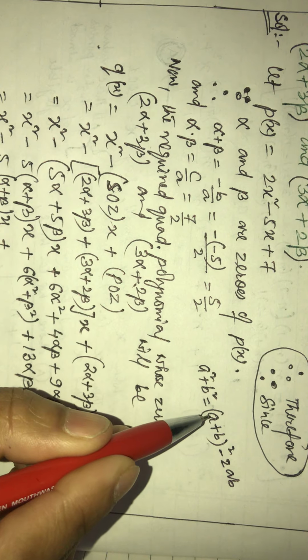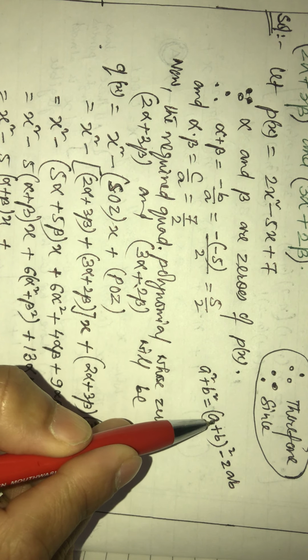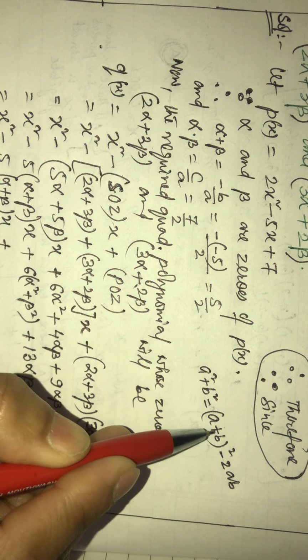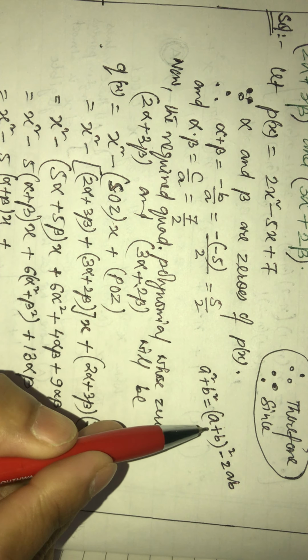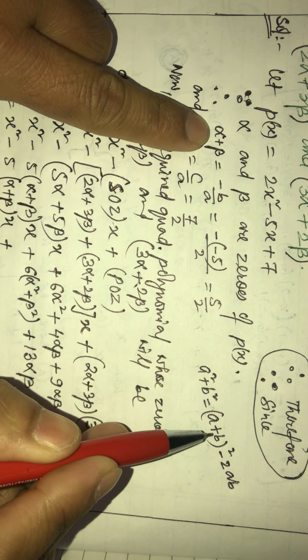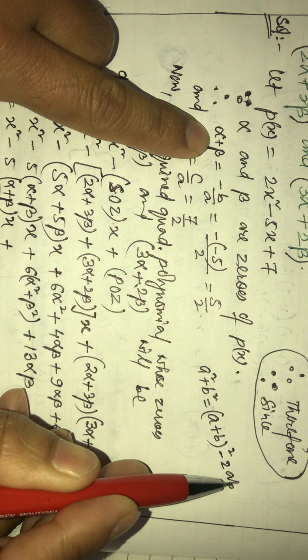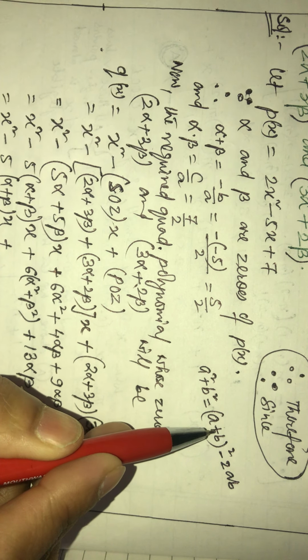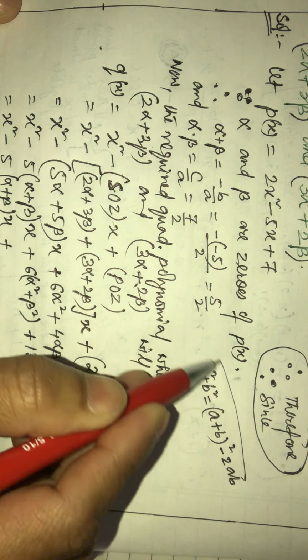In the notes we wrote one with a plus whole square, another with a minus whole square. Minus we don't need here, because a plus b is nothing but alpha plus beta, and a into b means alpha into beta. So that's why we'll go for the formula with plus, not with minus. We'll make use of this identity here.